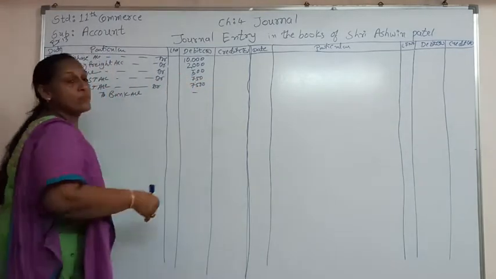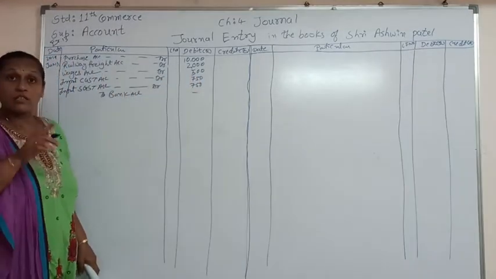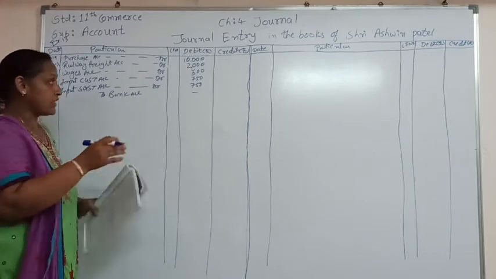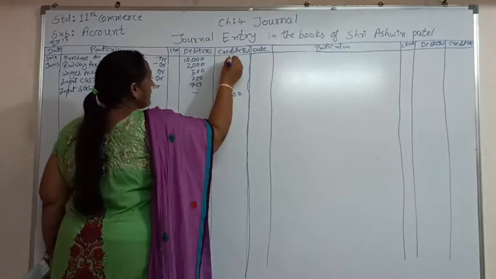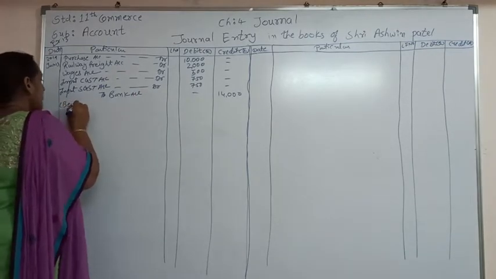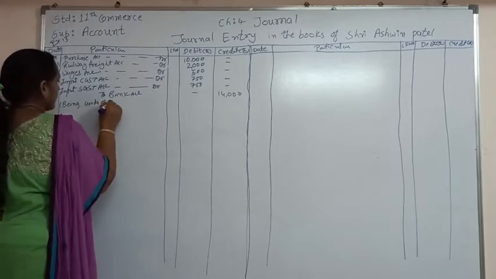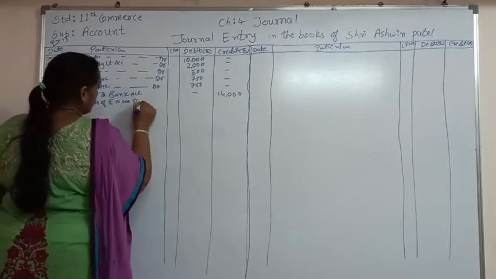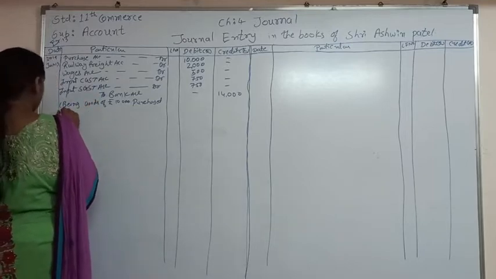So this is how we have to calculate the GST. 6% of 12,500 is 750, and the total amount will be 14,000 that we are going to pay by bank. So this is the journal entry for the first transaction, being goods of rupees 10,000 purchased, inclusive of GST.